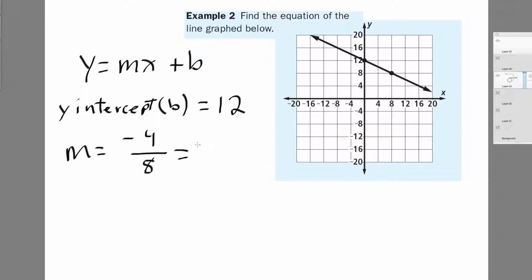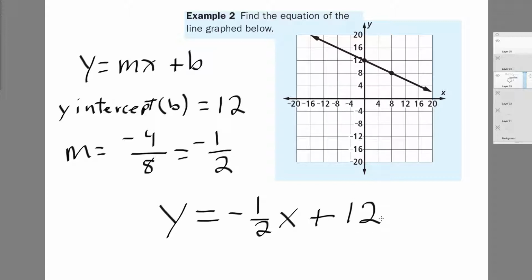So we now have the slope and the intercept, and we can write an equation for the line. y equals the slope, negative 1/2, times x, plus the y-intercept, 12. We have an equation for the line graphed: y equals a negative 1/2 x plus 12.